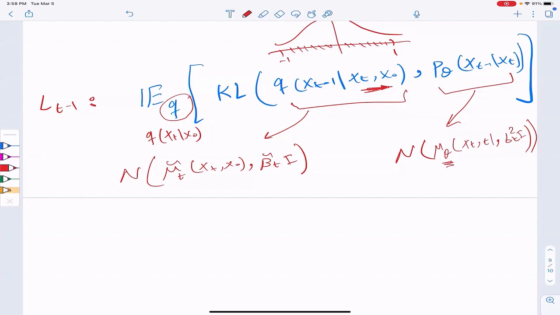And last time we had a formula for the mean according to this particular equation.